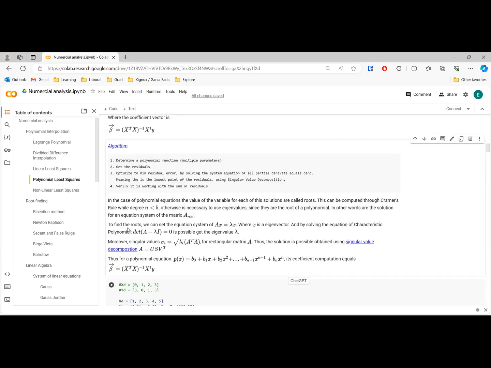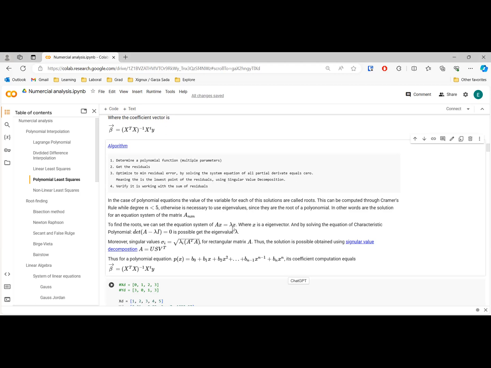Then, to find the roots, we need to apply the equation system of Ax equals lambda x. What does this mean? It's just the principle of linear algebra, which we'll be seeing much more in our course, but it's important for you to notice why we are applying it.